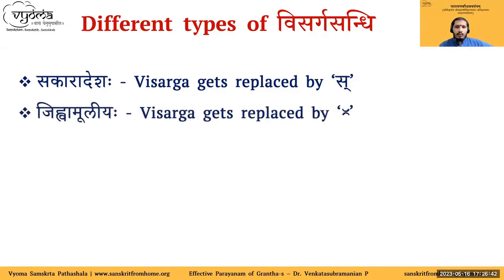Second one is jihvamuliya. Jihvamuliya refers to that sound which comes when visarga is followed by ka or kha. So in jihvamuliya sandhi, we get this jihvamuliya adesha in place of visarga.